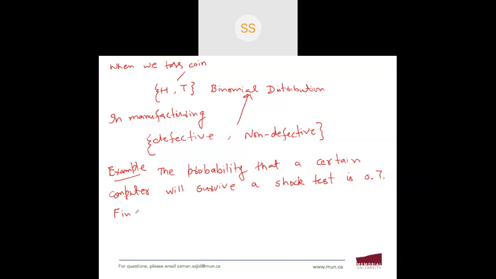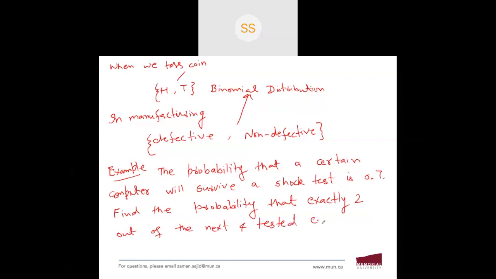Find the probability that exactly 2 out of the next 4 tested computers can survive.